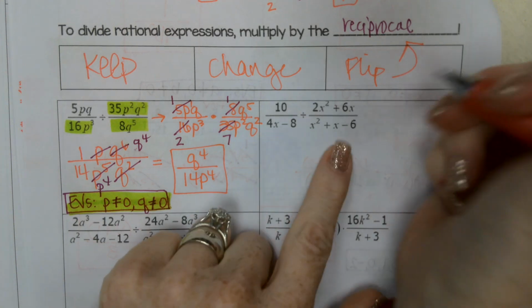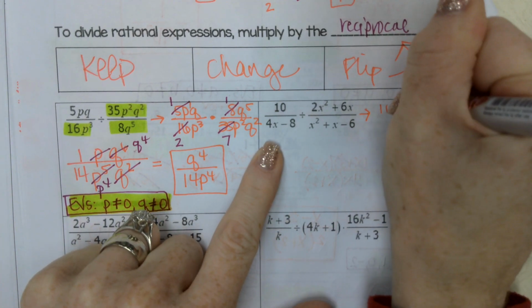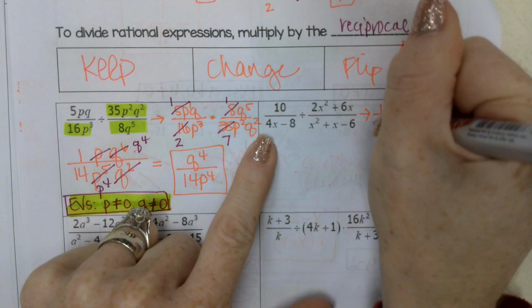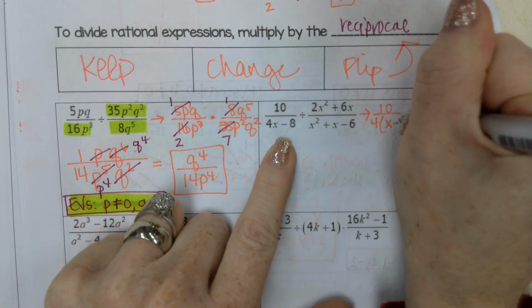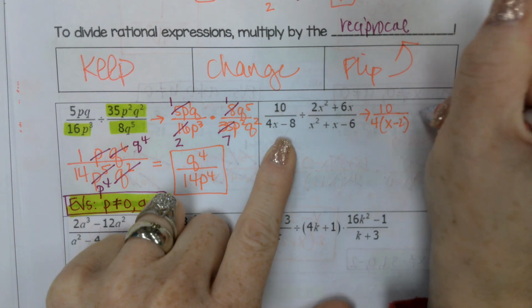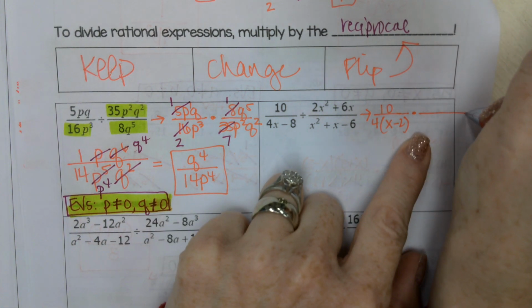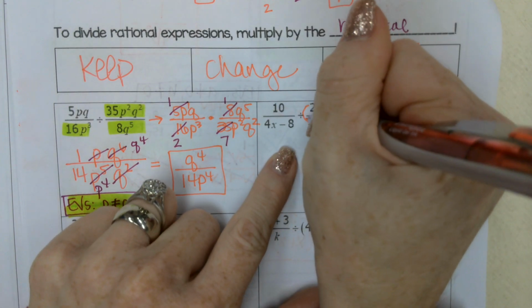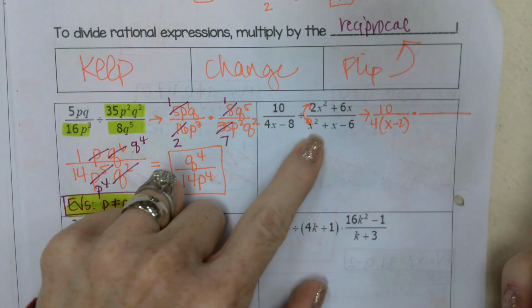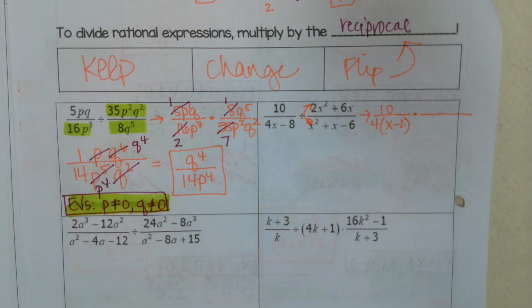All right, here we go. Right here, I'm going to write 10 over. I'm going to factor out a GCF of this first denominator. That leaves me with an x minus 2. Okay? And I'm going to multiply by the reciprocal. So this 2x squared plus 6x is now my new denominator.